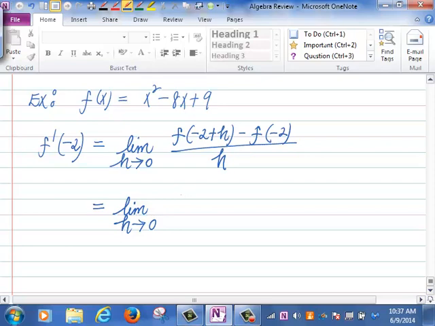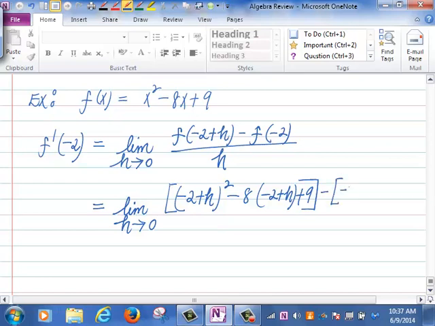So it'll be negative 2 plus h squared minus 8 times negative 2 plus h plus 9. So everything in the bracket is f of negative 2 plus h. What is f of negative 2?